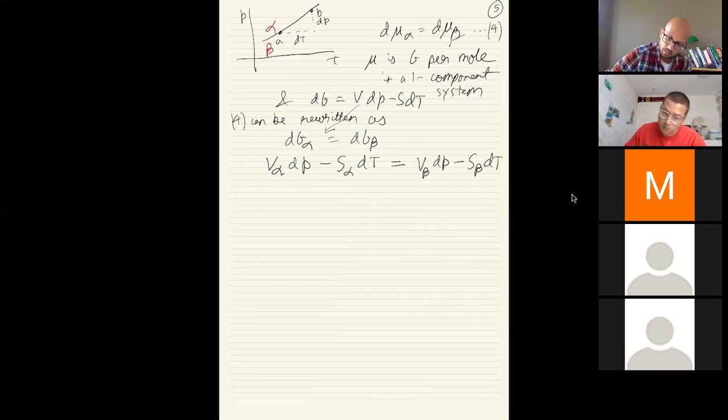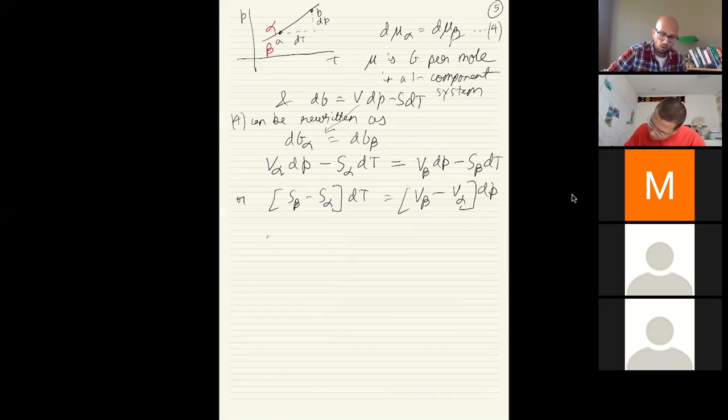Or we can bring both the dT terms to the left side: S beta minus S alpha multiplied by dT is equal to V beta minus V alpha multiplied by dP, or dP by dT is equal to V beta minus V alpha by S beta minus S alpha. And that's fantastic.